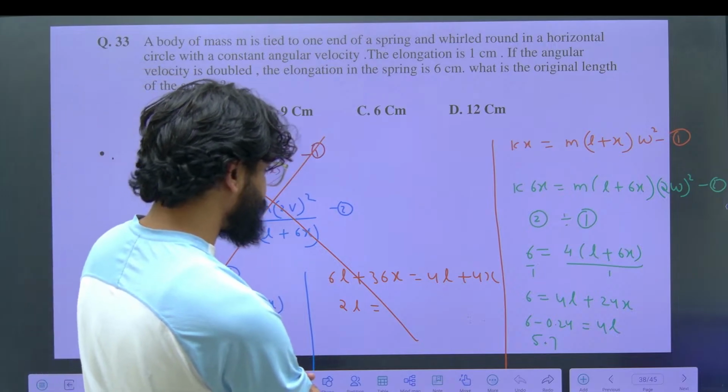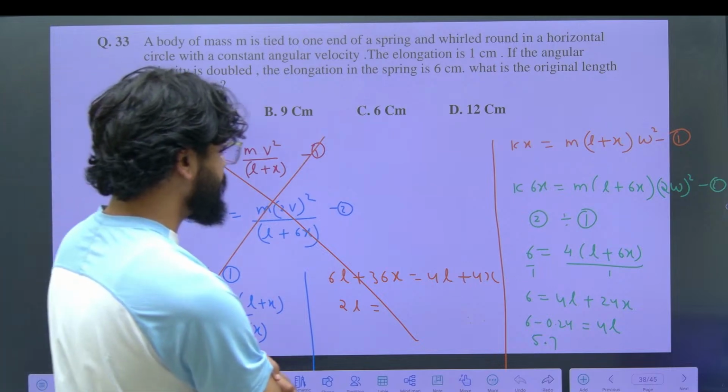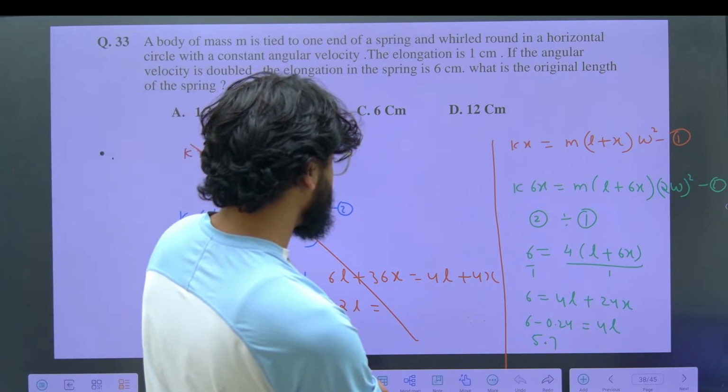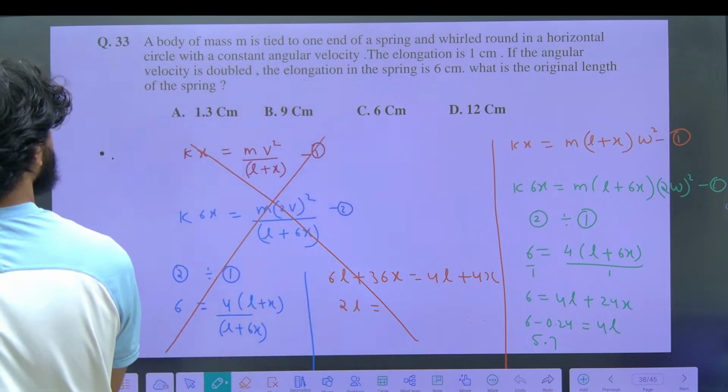Correct. So x over here is 1 centimeter. Negative 18. No, something is wrong clearly.